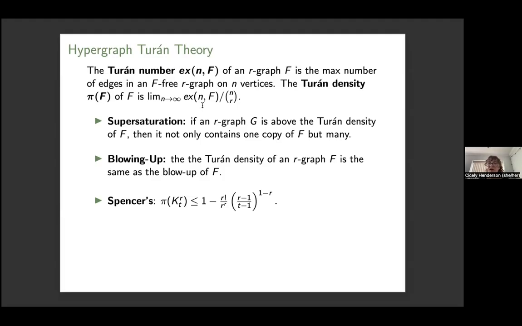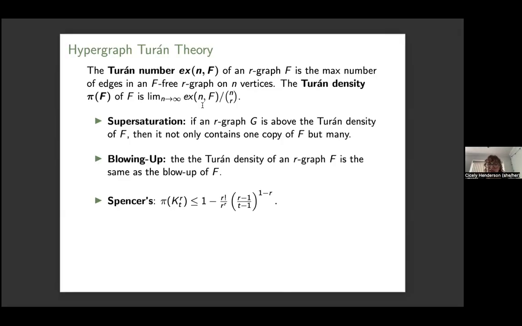So Keevash generalized supersaturation to R graphs and showed that if an R graph G is above the Turán density of F, then it not only contains one copy of F, but many. Great. He also generalized a result of Rado about blowups to R graphs by showing that the Turán density of an R graph F is the same as that of the blowup of F.